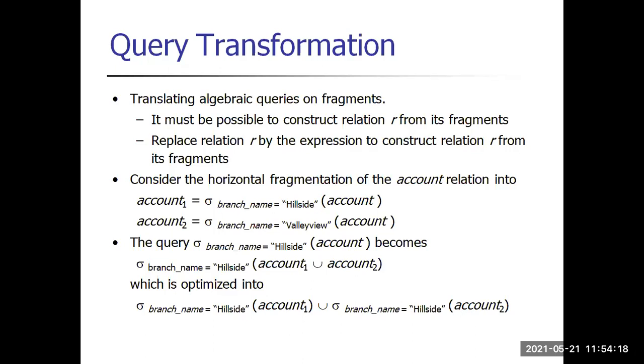This will be optimized by breaking it into Hillside account one union Hillside account two. Some values may be present in account one of Hillside and some in account two of Hillside. So we are breaking and optimizing, fragmenting the data so that we know which data lies in which fragment. By this fragmenting, we can get the data.